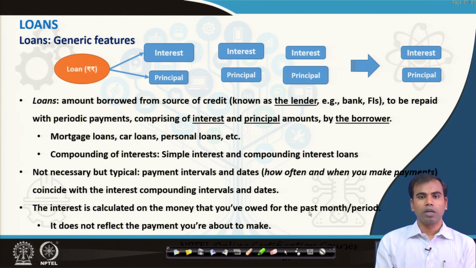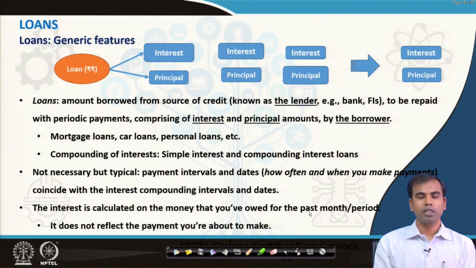Another feature of loans is, although not necessary, that typically the payment intervals and dates, how often and when you make payments of interest and principal, coincide with the interest compounding intervals and dates. If it is a monthly compounding loan that you have borrowed, the repayment interval will also be monthly.